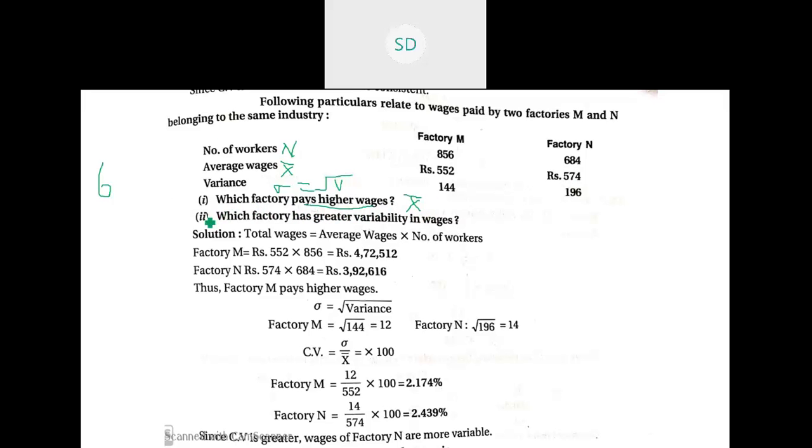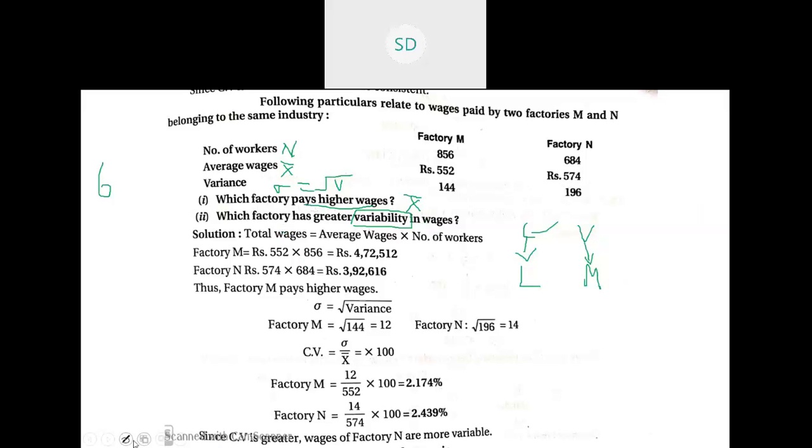Next, which factory has greater variability? They are only asking two words: which is more consistent, which is more variable. When your CV is less, it is more consistent. When your CV is more, it is more variable.